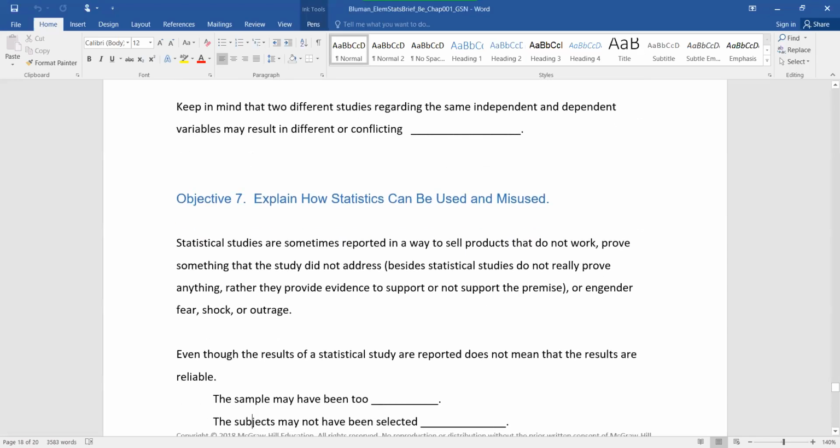All right. Keep in mind, though, that two different studies regarding the same independent and dependent variables may result in different or conflicting results. So we literally could be doing the same treatment study here, and then someone could be doing it up in New York, and our results could be different. But that's going to be coming from confounding or lurking variables that we don't see.